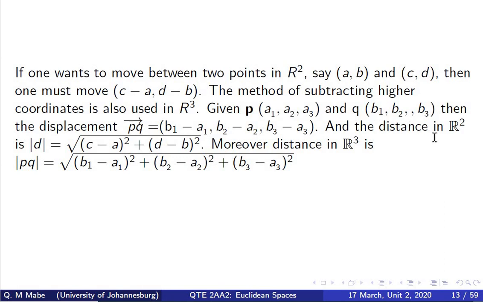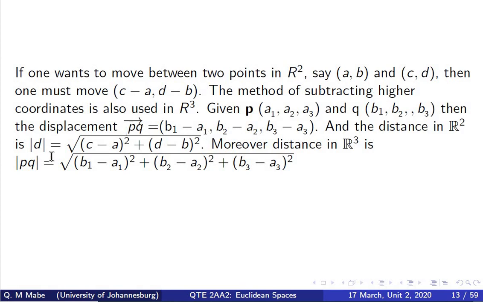Likewise, the distance in R2 is actually given as follows. This is just the absolute value of d to show that our distance is always positive. So this distance is a Euclidean distance, and you're familiar with this distance here.